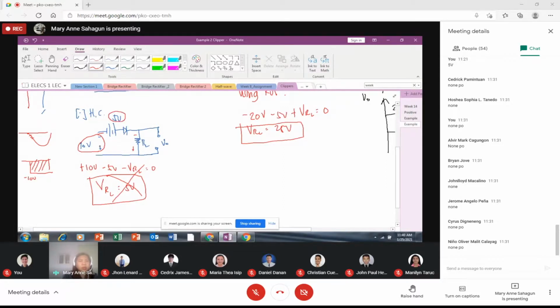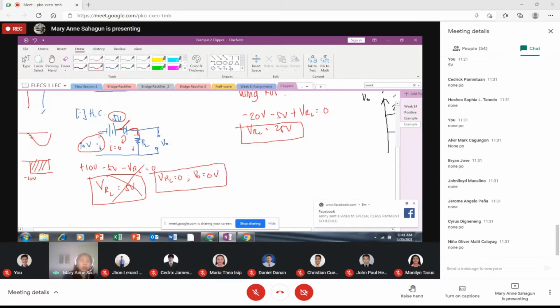So that negative 10 volts will simply open the circuit. If it is open, then the current is simply equal to 0. Then your voltage is simply equal to 0. So meaning to say, during the negative half cycle, your voltage sa output is simply equal to 0 volts.